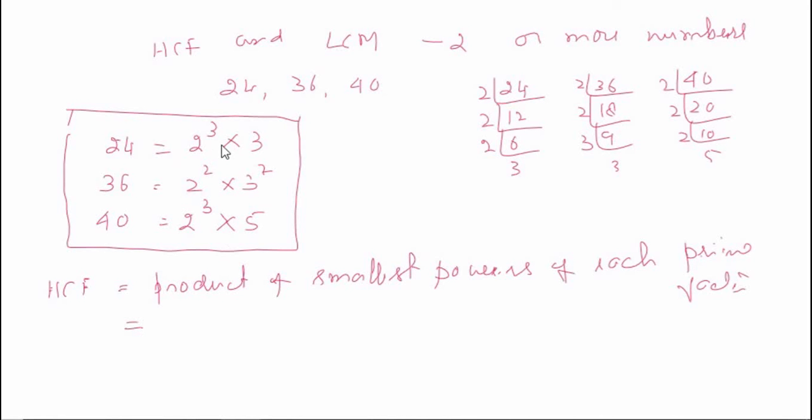So what is the smallest power of prime factor 2? It is 2 square, into, now here you have 3, here you have 3 square, here you don't have 3 at all. So the smallest power is 3 to the power 0, that is 1. Same thing with 5. 5 is not there in the other two, so the smallest power is 5 to the power 0, that is 1. So the HCF of these three numbers is 4. Now LCM.